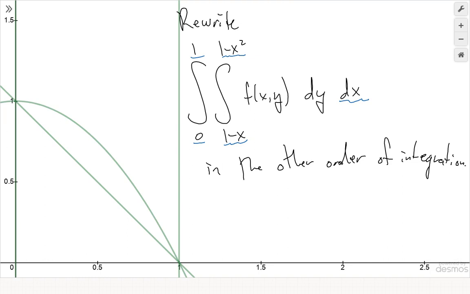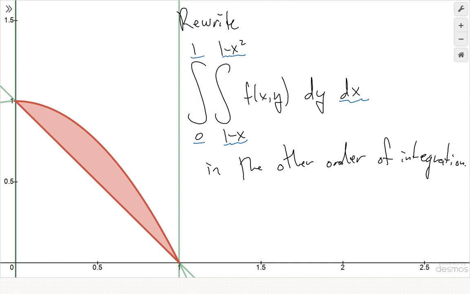So our region is this little slice, and in this order of integration, we are traversing this along the x direction, so with vertical slices.